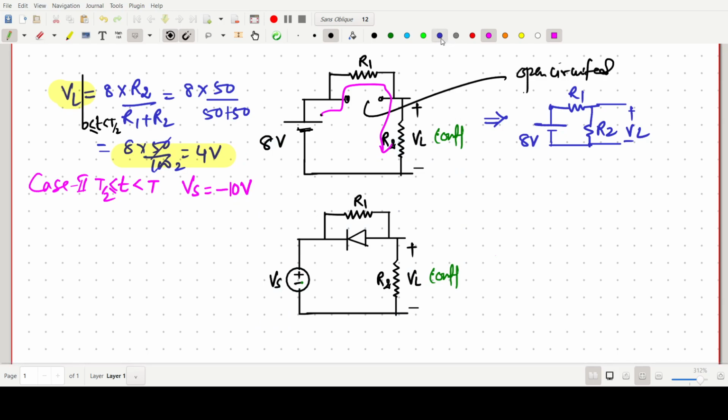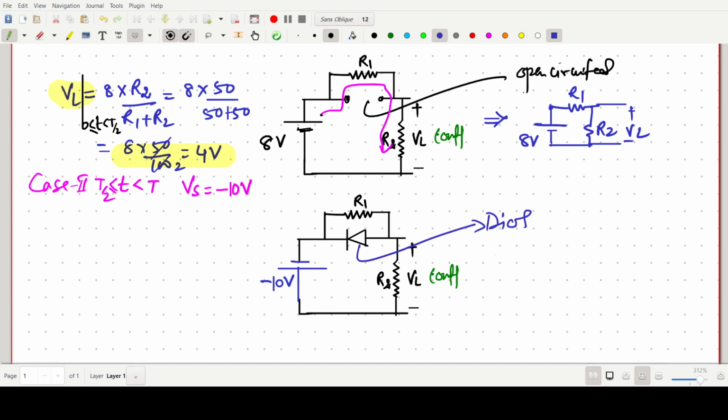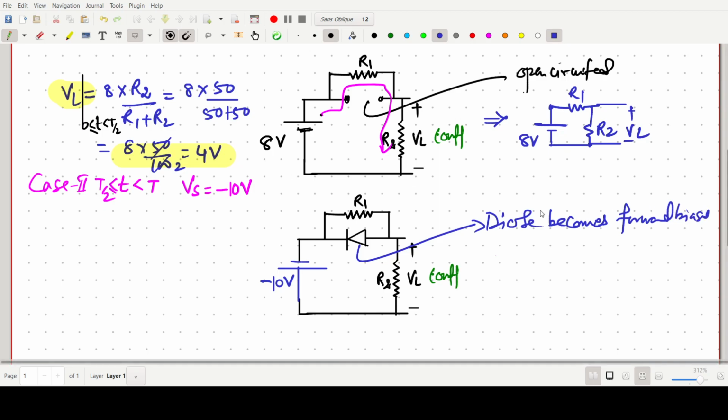Again we redraw the circuit, and instead of Vs it should be minus 10 volt. During that time the diode becomes forward biased. This one is our case 2.